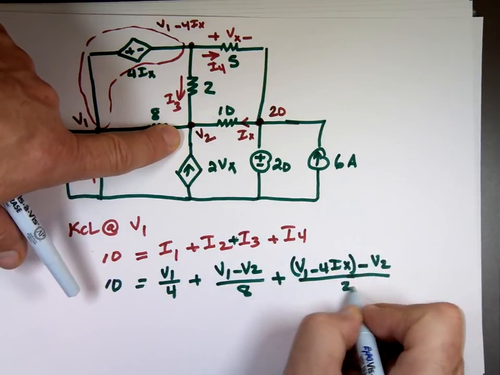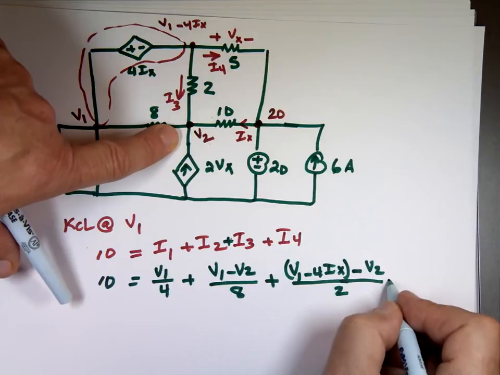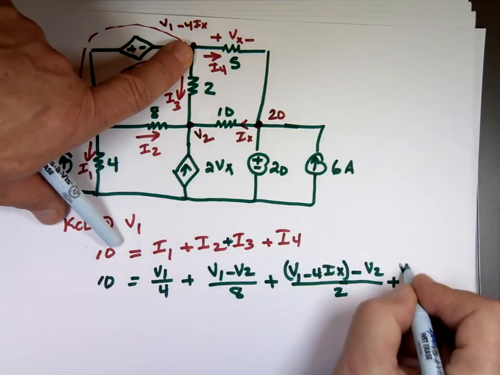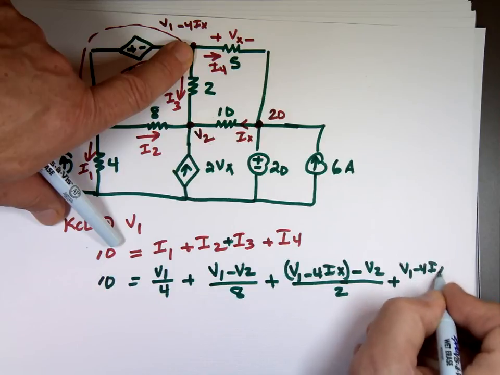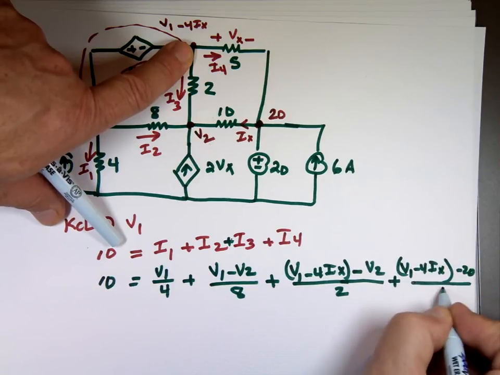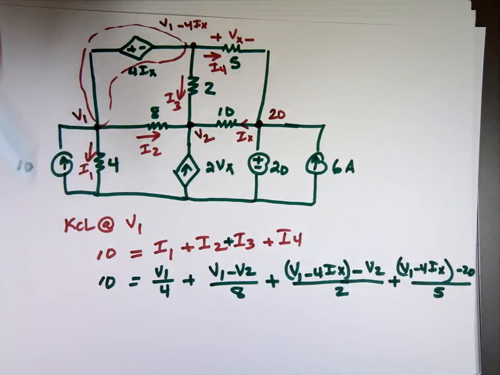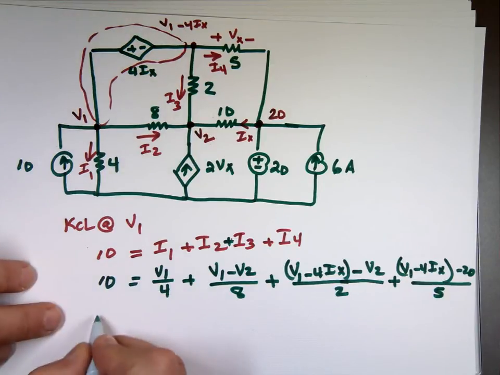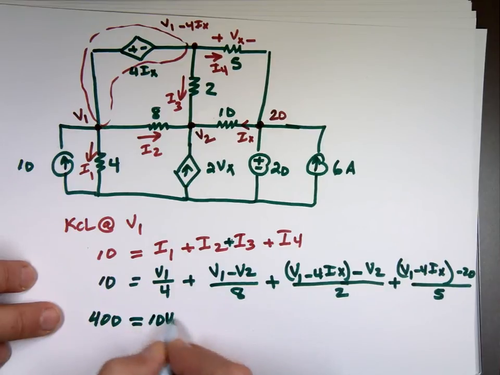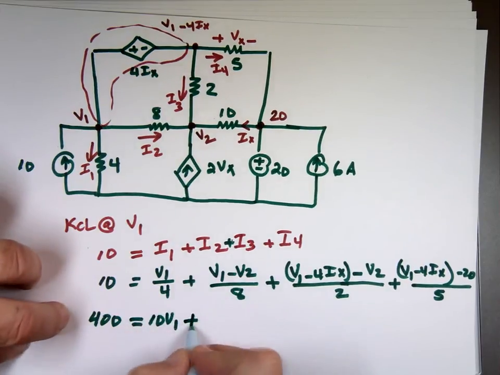And the last one, this one minus the 20: V1 minus 4 I sub x minus 20 over 5. Not nice, because my LCD now became 40. 40 times 10 is 400. 10 V1 plus 8 V1 minus 8 V2.